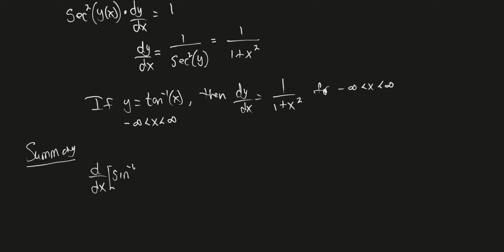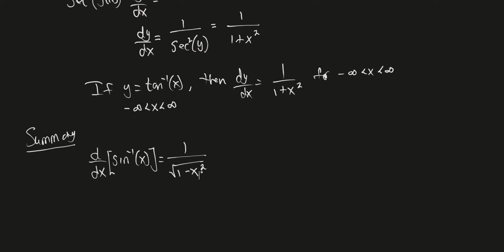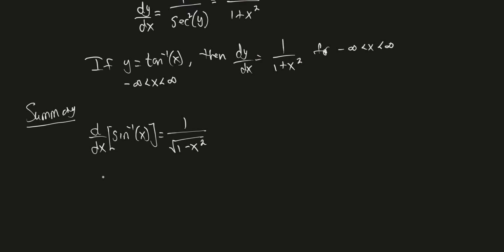The derivative of arcsine is 1 over the square root of 1 minus x squared. The derivative of arctangent, that's the second one that we derived, is 1 over 1 plus x squared.